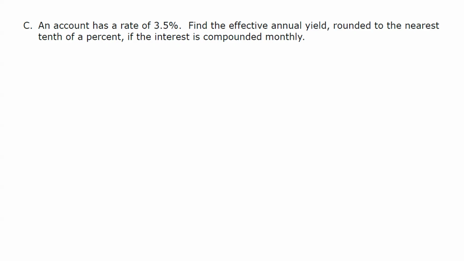All right, so an account has a rate of 3.5%. We want to find the effective annual yield rounded to the nearest tenth of a percent if the interest is now compounded monthly. So our rate is 3.5%, which is 0.035 as a decimal. We are compounding monthly, so n equals 12.